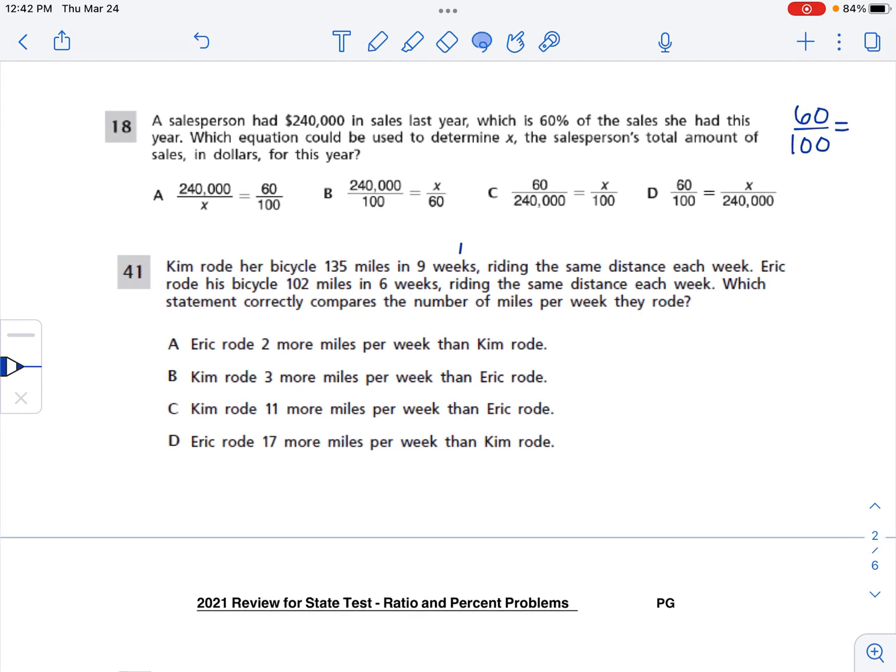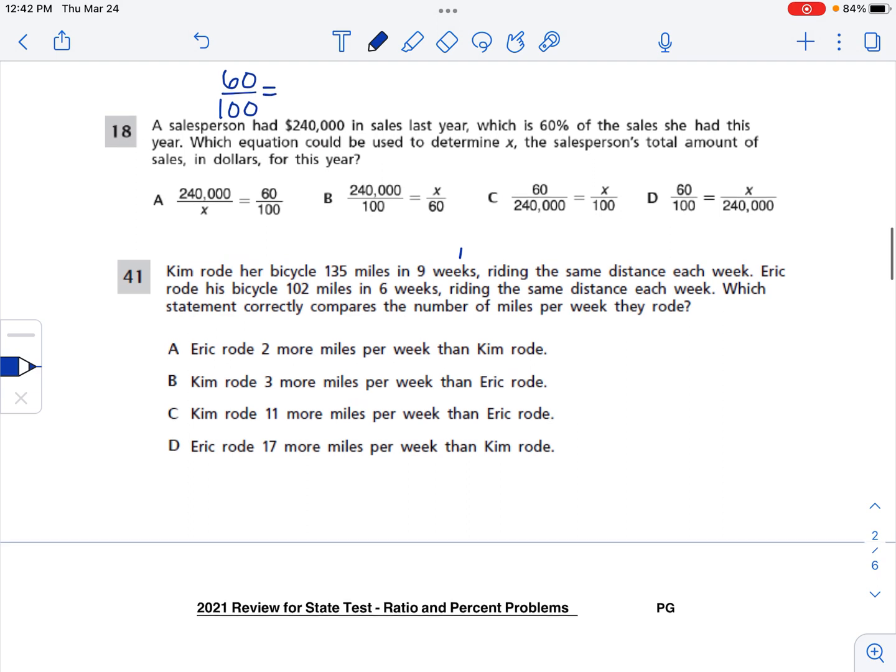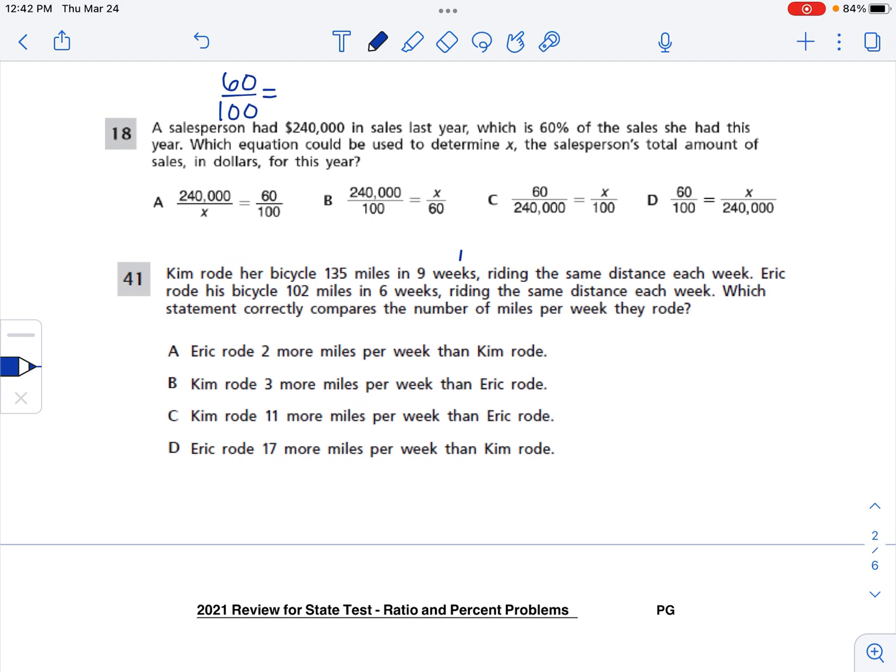And let me move this so I can write. We'll bring it over here. Right, and so, they've had 240,000 in sales last year. That is 60% of this year. So we don't know the total amount for this year. That means our denominator here has to be X, and the 240,000 is the part.